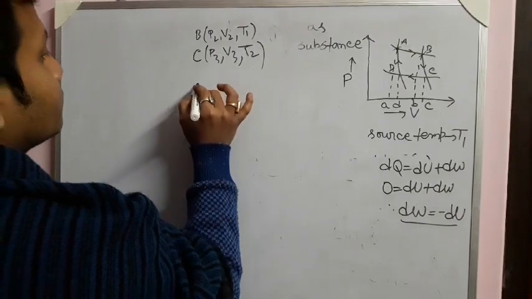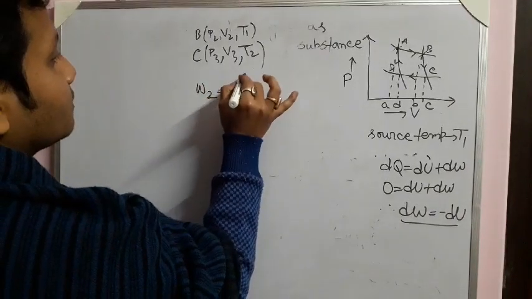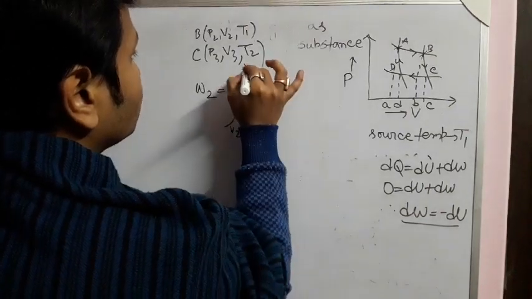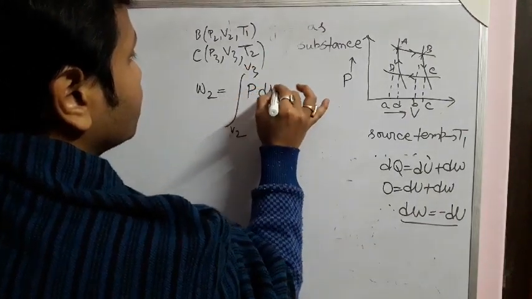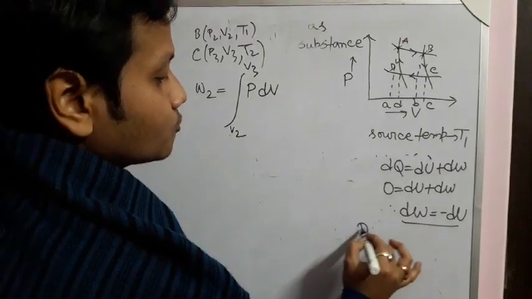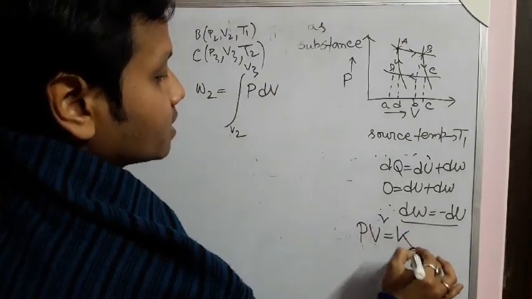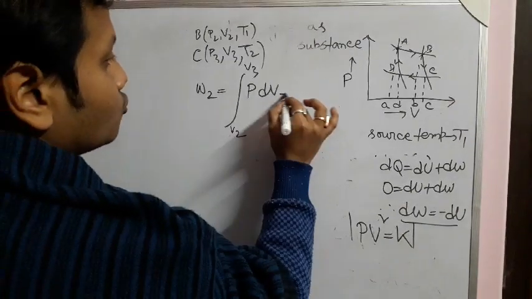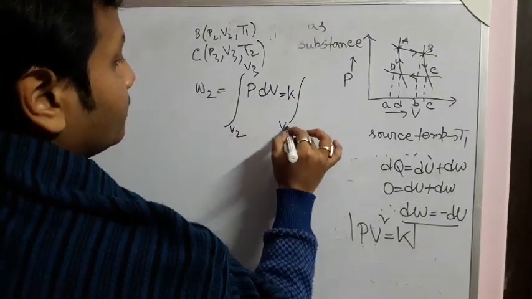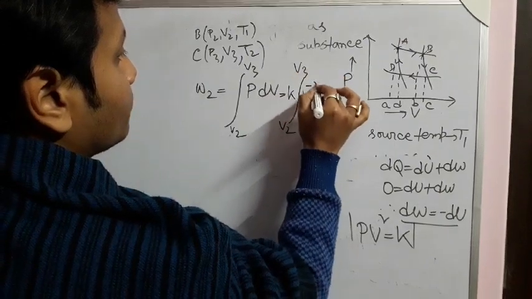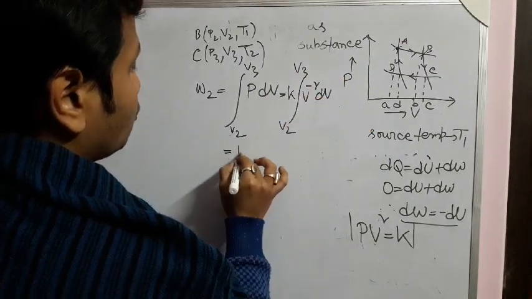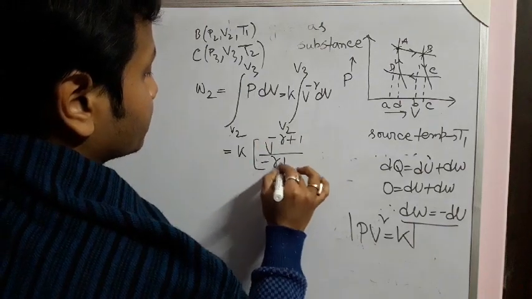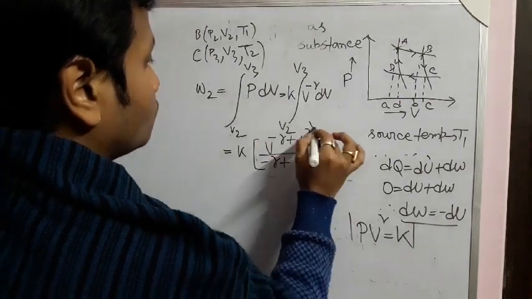So if W2 is the amount of work done, what will be the expression? That is the integration from V2 to V3 of PdV. Since the process is adiabatic, we can use PV to the power gamma equal to constant. Remember, in an adiabatic process we use this relation. So we put K into V to the power minus gamma dV, which gives V to the power minus gamma plus 1 by minus gamma plus 1, from V2 to V3.